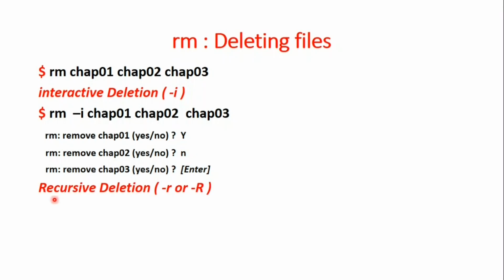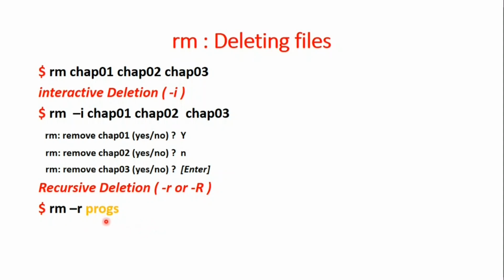Recursive deletion. It is also possible to have the deletion operation performed in a recursive way. That can be done by making use of the option -r, small letter r or capital letter R. So in this way, if a directory name is passed to the rm command, the entire content of the directory, including the subdirectories and their content, will be removed one by one.